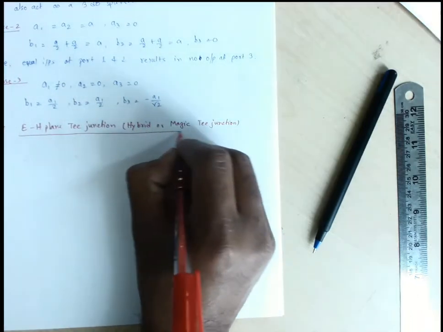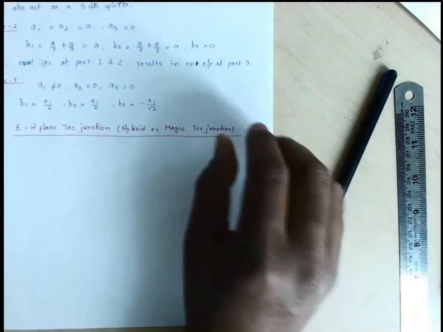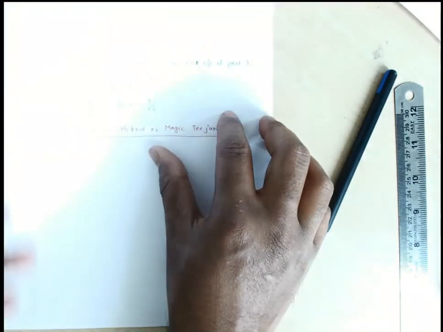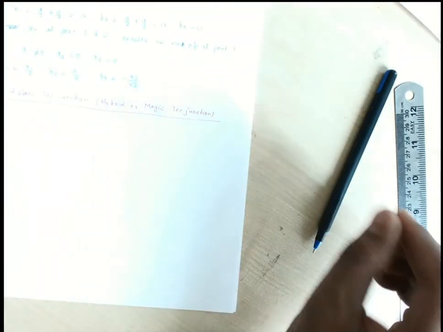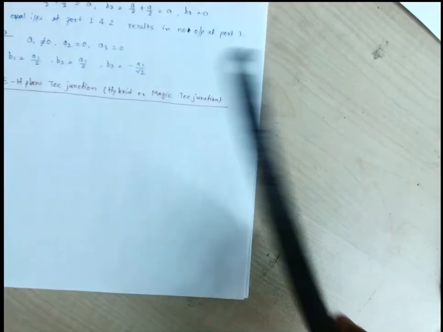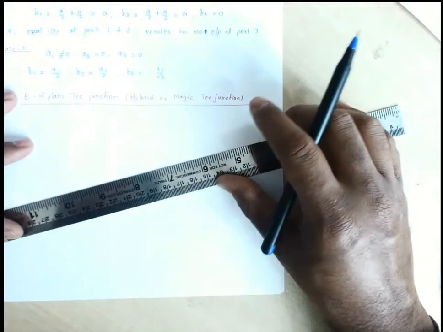That is, we are having the two junctions all together. We are having E arm, we are having H arm. Okay, let me draw that one. It requires some time.